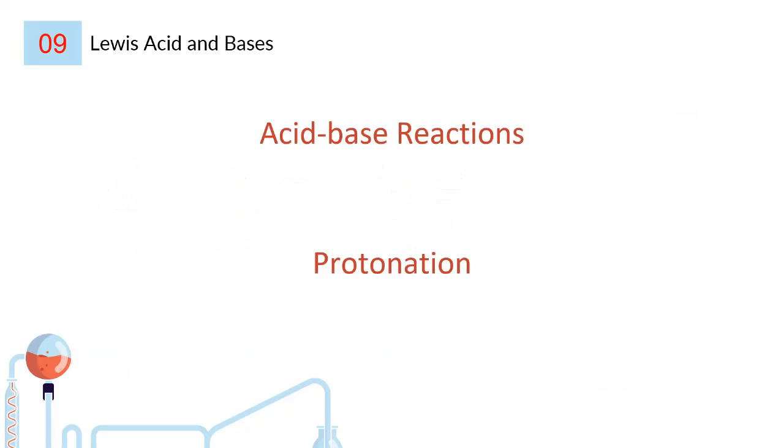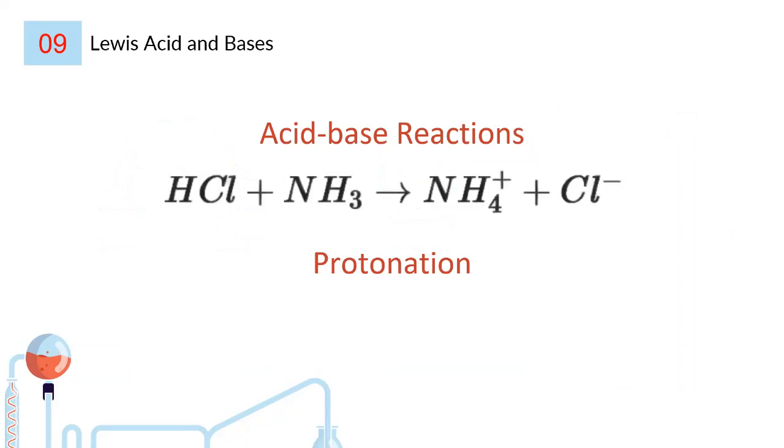And the reactions involving the H+ ion typically occur in acidic solutions and are central to various chemical processes, including acid-base reactions and protonation reactions. In acid-base reactions, H+ ions act as the acidic species that donates protons to bases to form water or other products.